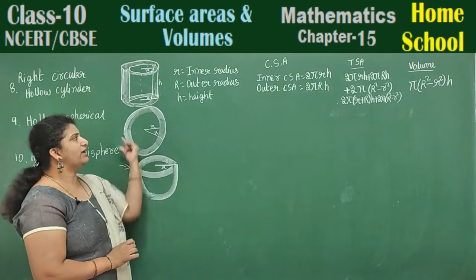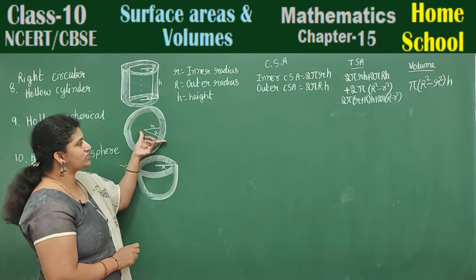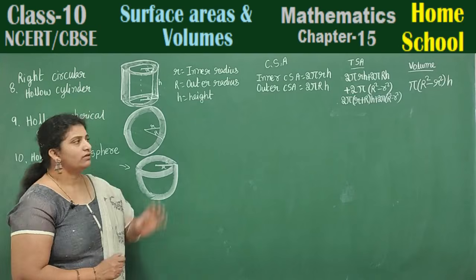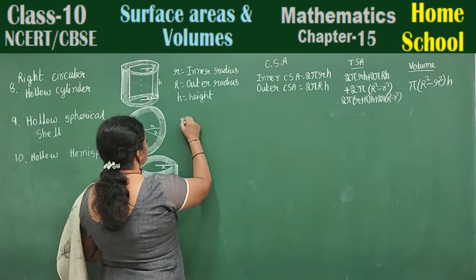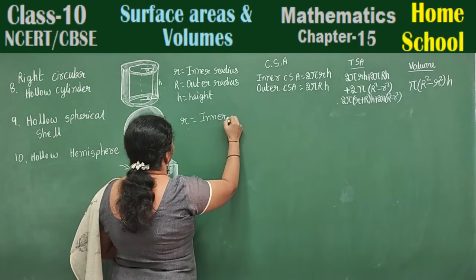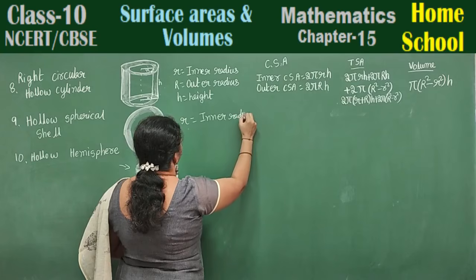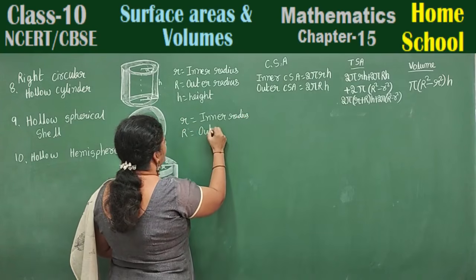The shaded part has a thickness. So the inside radius is small r, the outside radius is capital R. Small r is the inner radius, capital R is the outer radius.